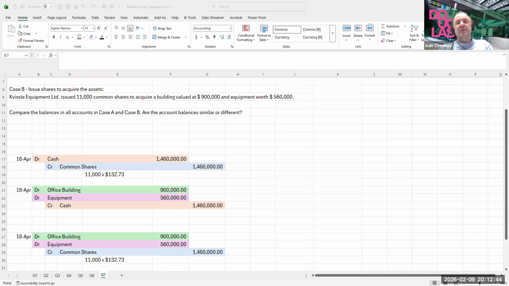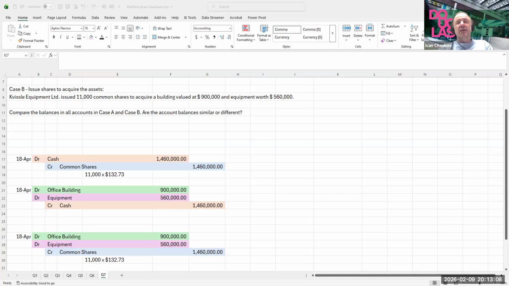Now from chapter 13. You're going to have a question on the dividend: on the declaration date, date of record, and the payment date.